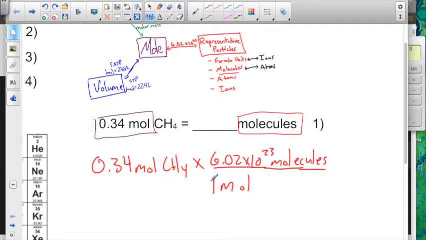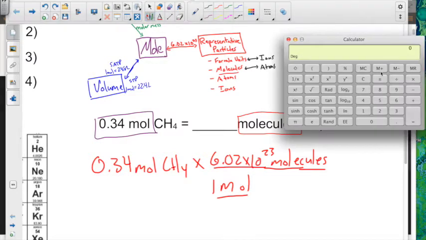So that's how we set up our conversion going from moles to molecules. We know that we have 6.02 times 10 to the 23 molecules for 1 mole. And if we multiply our moles by that, we can find out how many molecules there are in 0.34 moles of methanol, or methane, sorry.